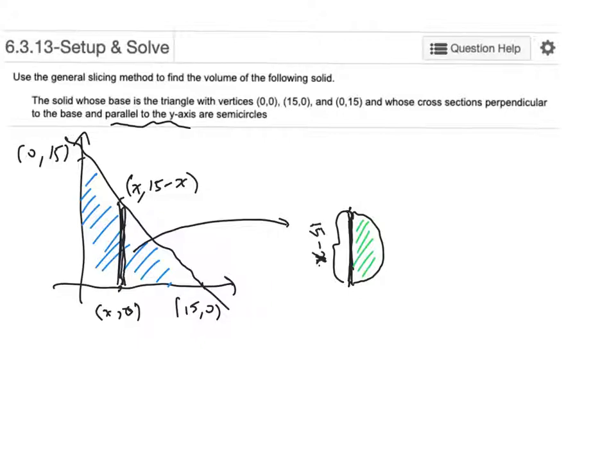And what I need to know is what is the area of that green bit. So the area of the green times delta x will be the volume of that piece. But it's kind of a weird thing because I'm in a situation where I have a semicircle, and instead of the radius, I'm told the diameter. So that's the situation I'm in geometry-wise.